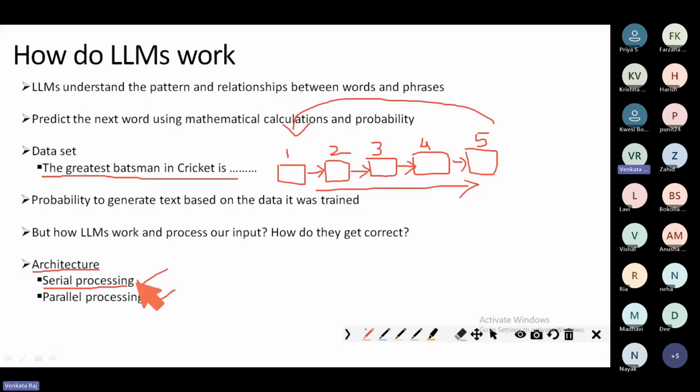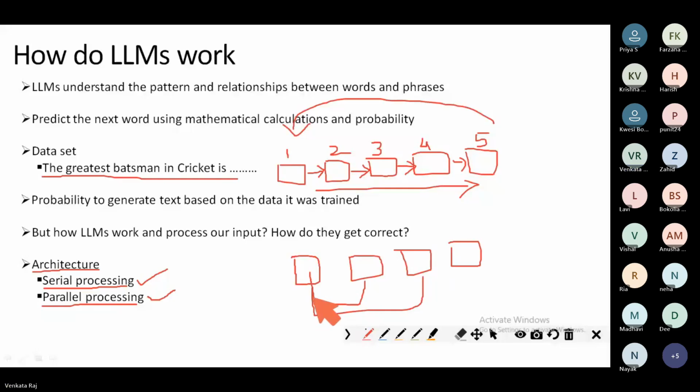So then they came up with parallel processing, everyone. In parallel processing also, we have the tokens. But when the tokens are being analyzed, all the tokens will be processed in parallel. This token will have a reference to other tokens.